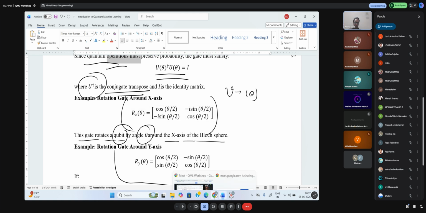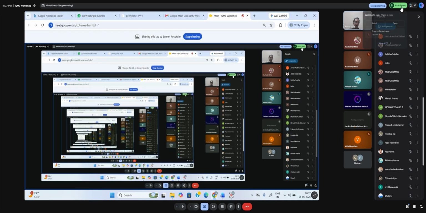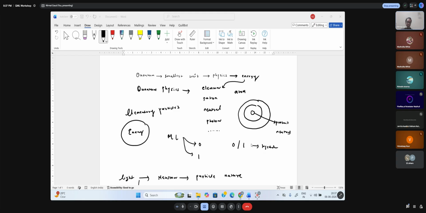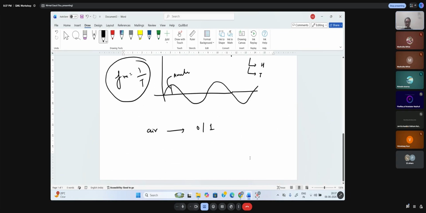If you look properly, we also have the imaginary i, because in complex numbers we have a plus ib. If you remember maths, any number can be represented as a complex number like a plus ib, where i is the imaginary axis. That is why in quantum we are going to solve complex problems which have superposition.